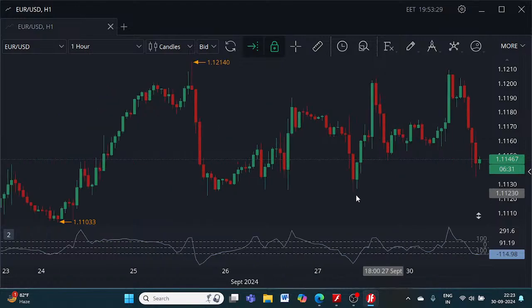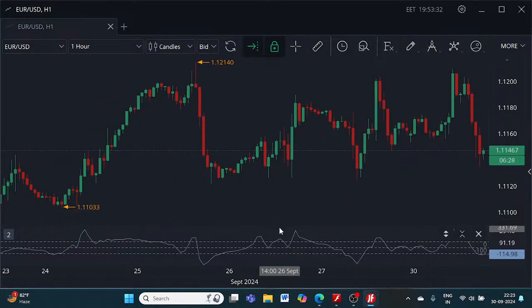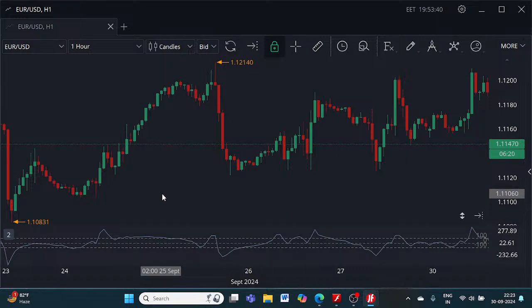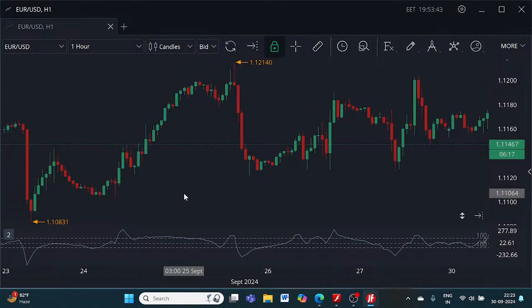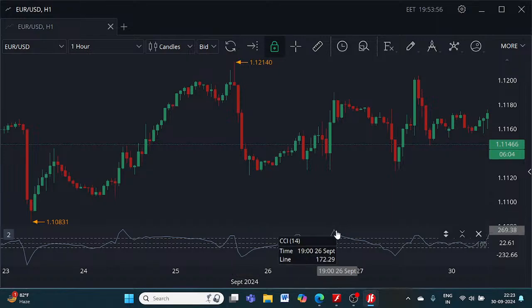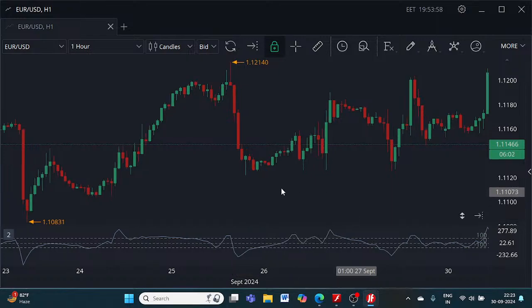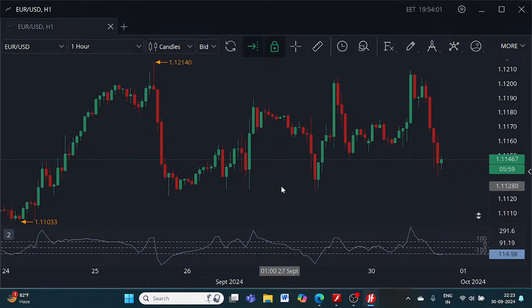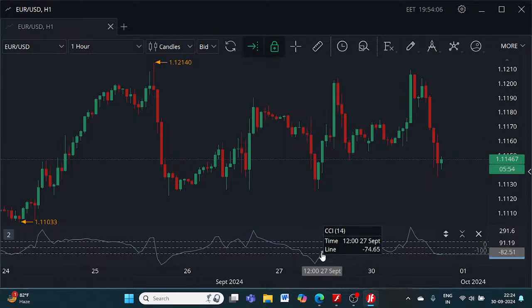I feel whenever these extreme levels are reached on the CCI indicator's output value, instead of initiating the trade straight away at those extreme levels, you might allow it to cool off to some extent. After some time has passed and the indicator output starts to move in the contrary way, I think that might be a more opportune time to get involved in the trading opportunity.